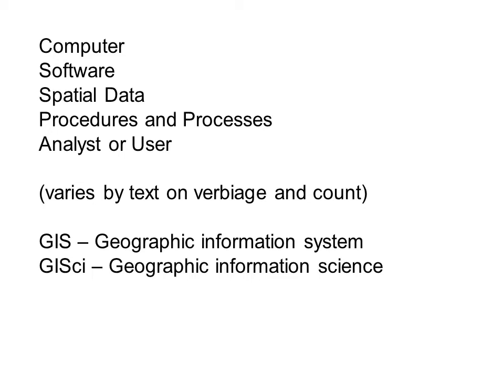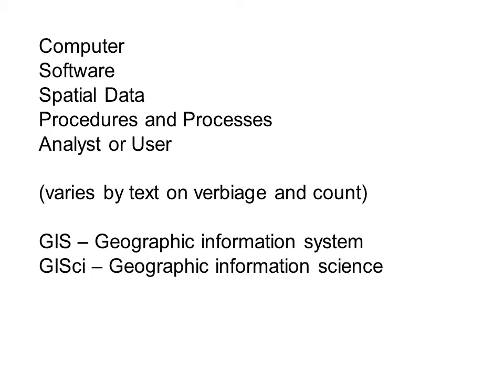This can change a lot in some contexts. Instead of procedures and processes, it's often called analysis. The user is sometimes referred to as the human component. Spatial data is always spatial data, and software and hardware are pretty much universal.